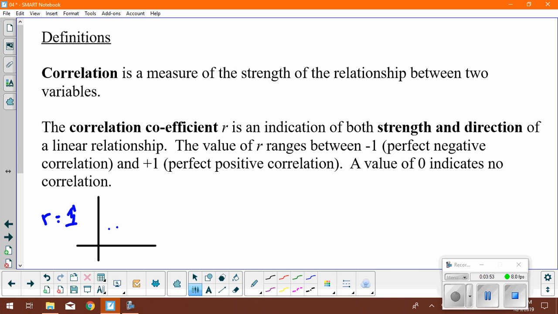So if I drew this out, even there I've gone off a little bit, but if I connect the line of best fit through those points and set it up properly, it's going to hit every single point. They're all in the line. That's what perfect positive correlation is. It makes a line, and it's positive because it's going up.